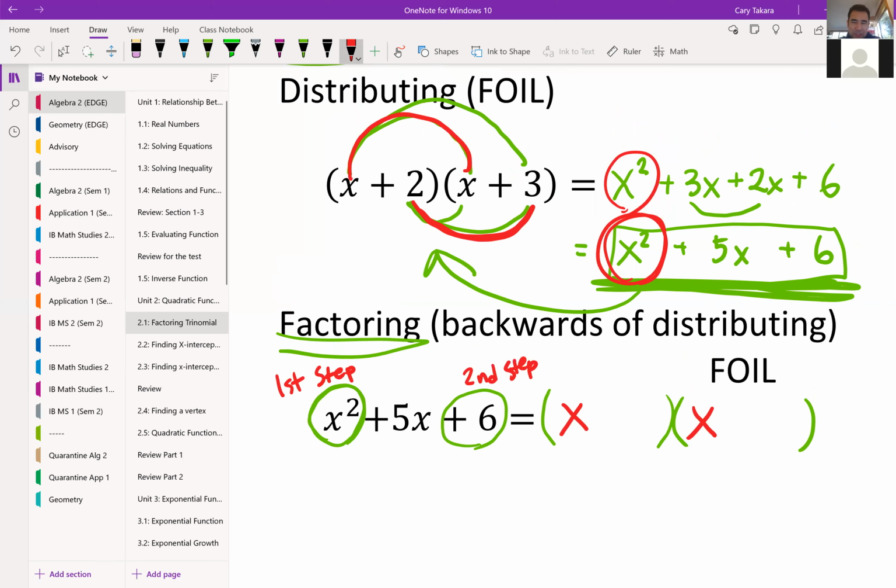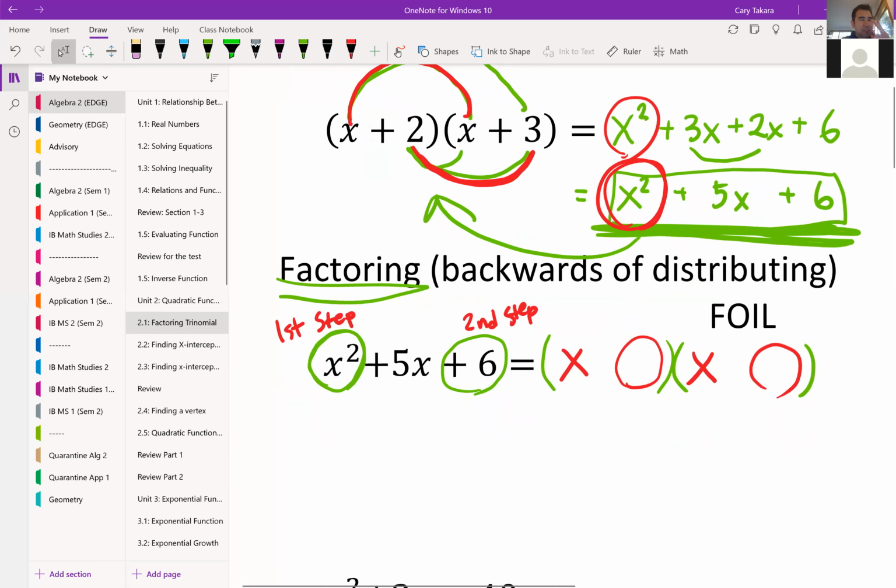In other words, you are going to look for two numbers that will multiply to 6. Can you think of a combination that will multiply to 6? Definitely 2 times 3, right? 2 times 3 is 6. But what else though?